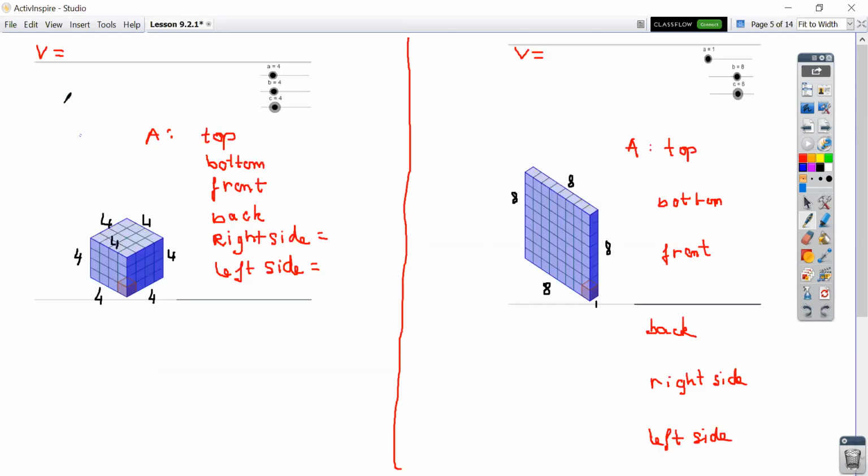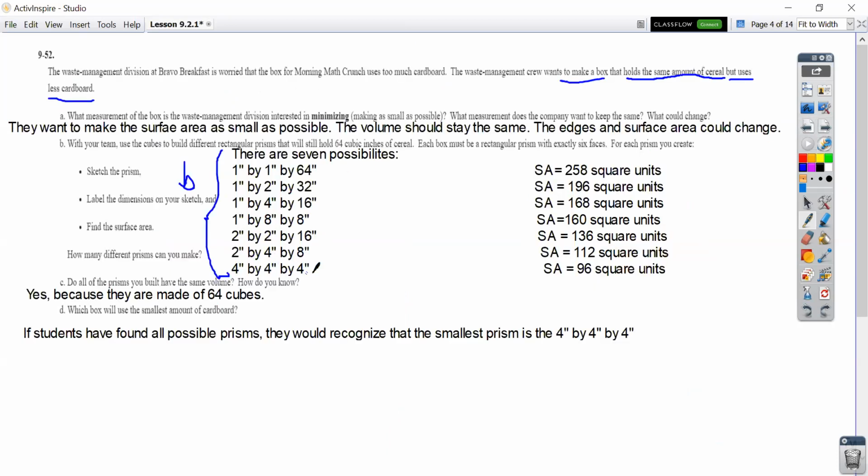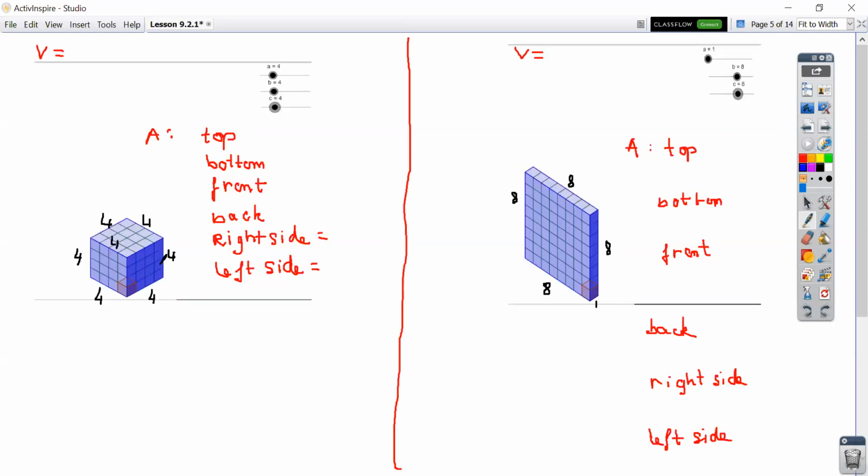All right, let's find answers C and D. For C and D, find the volume and find the surface area. For the volume, I'm going to take one example from the 7 possibilities: 4 by 4 by 4.